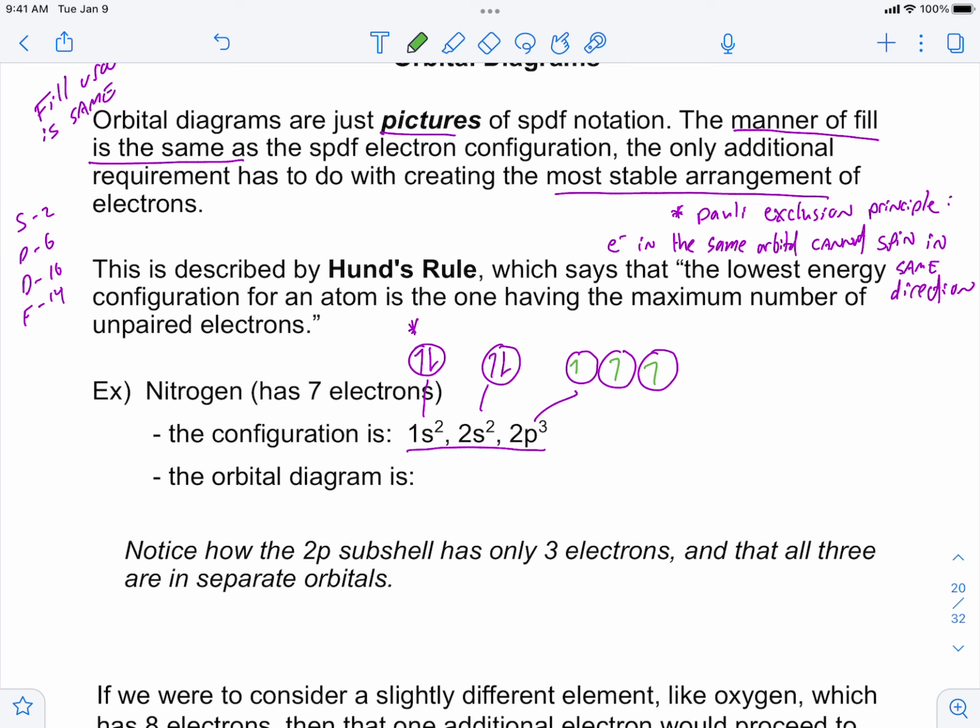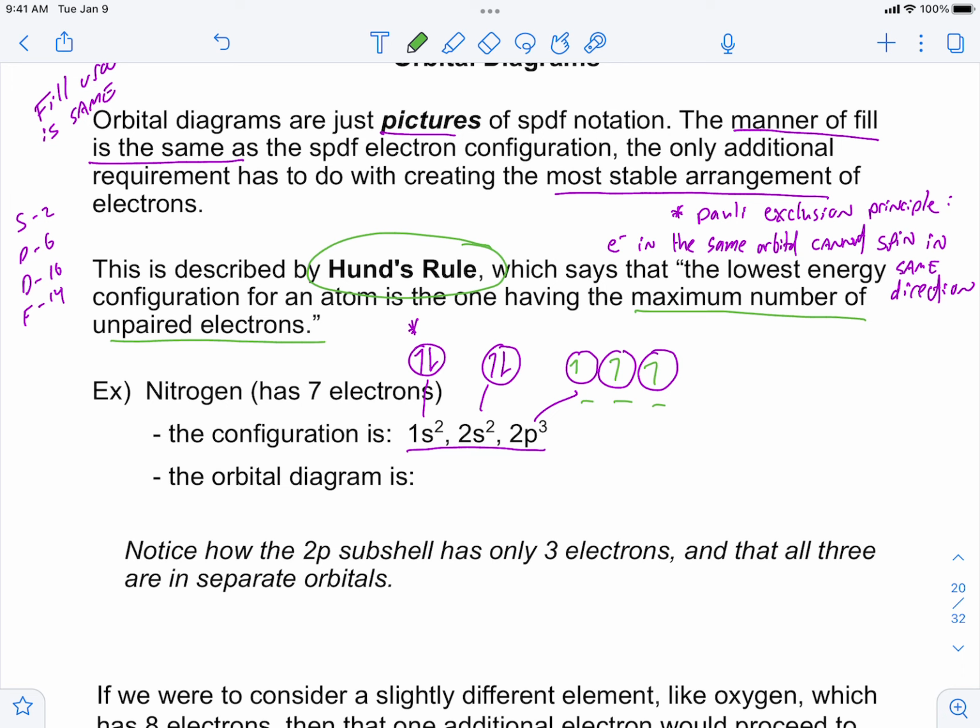If there is an open space for them to go, then they will go there. And this is what we call Hund's rule. Hund's rule has kind of a technical definition. It says the lowest energy configuration is one having the maximum number of unpaired electrons. Well, if you look at this sublevel right now, how many unpaired electrons do you see? 3.